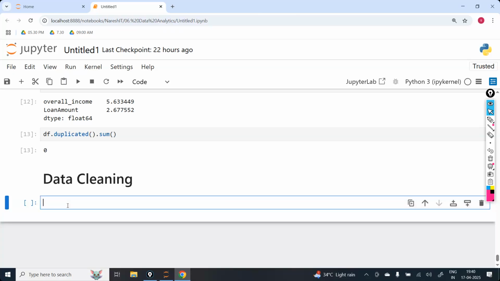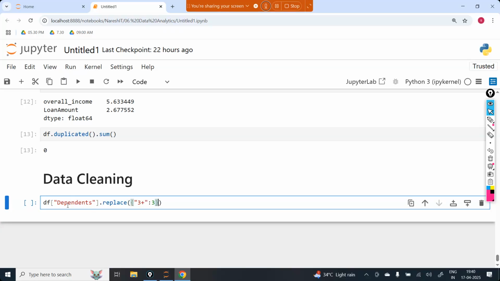Here I'm going to take the DF of the dependents column, dot replace, and I'm going to replace wherever 3 plus is there with 3. Why am I replacing it with 3?